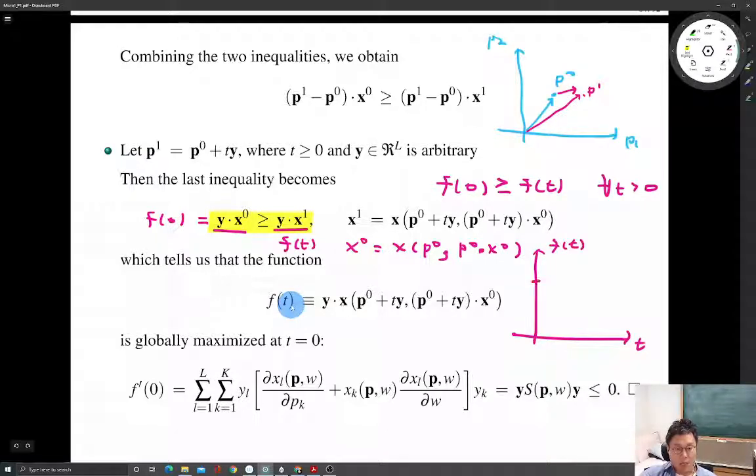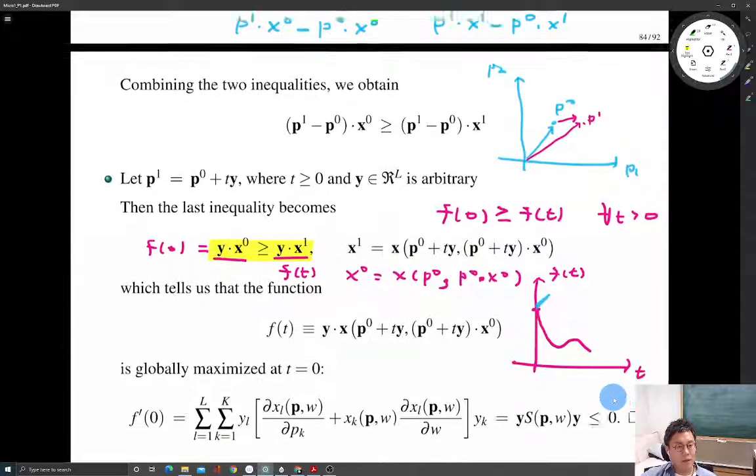In the neighborhood of 0, the function must be decreasing, like this. If the function is increasing at 0, then clearly f of 0 is not a maximum point. It means at least we can say the sign of the derivative at 0 is non-positive.